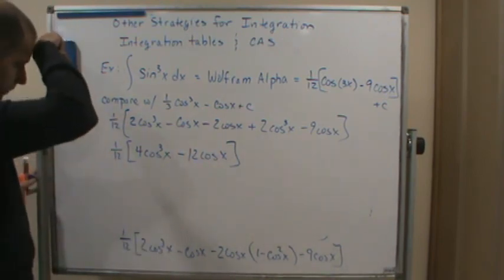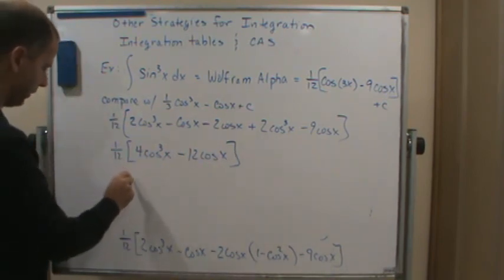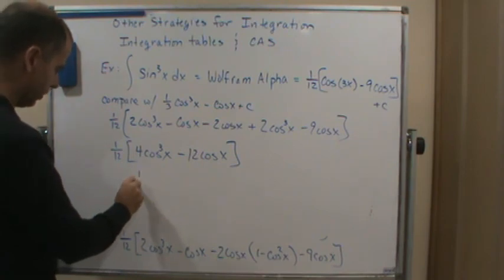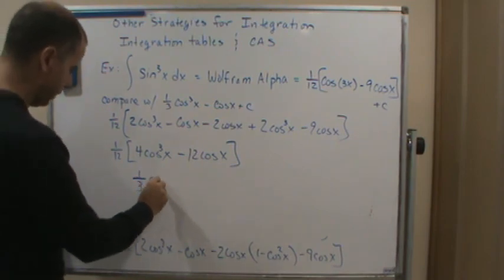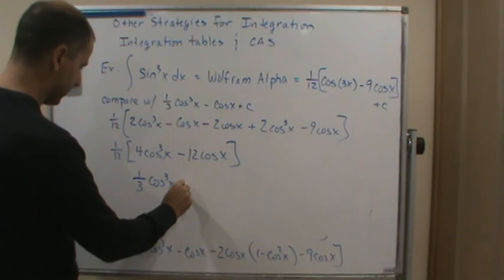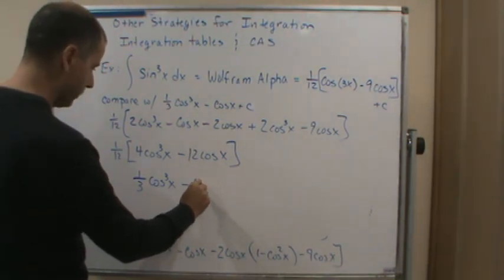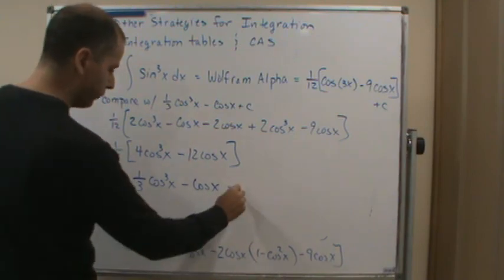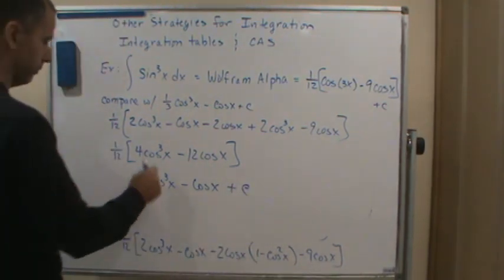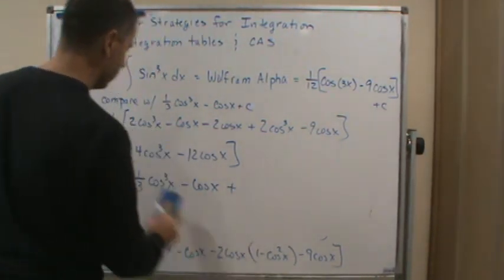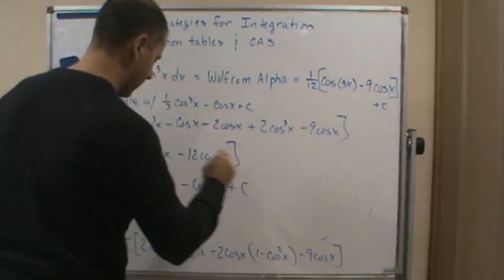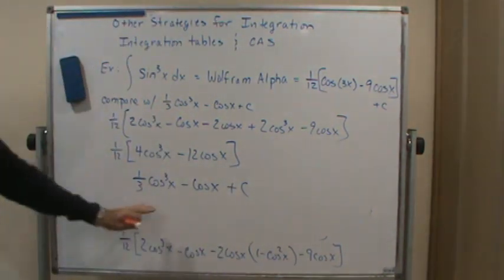That's what I'll do. So if I distribute the 1/12, then I get 1/3 cosine cubed x minus cosine x, and then of course the plus c. And I'm done. So they are the same.